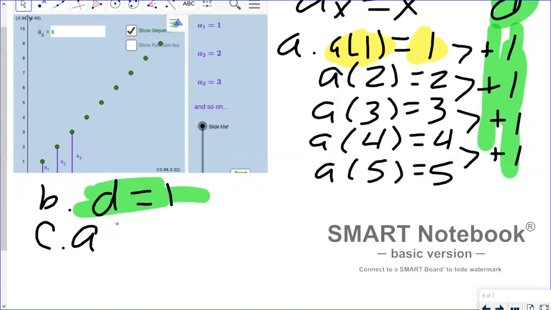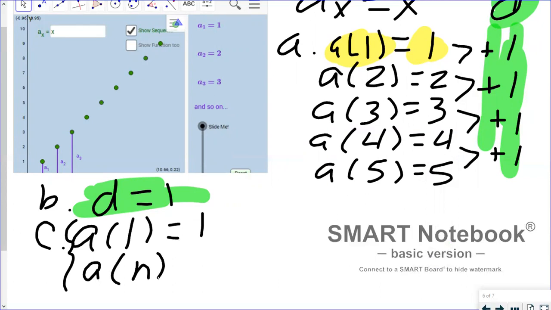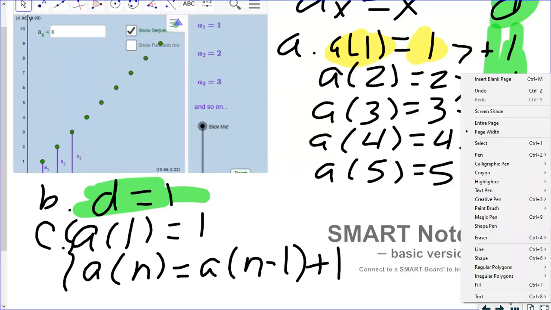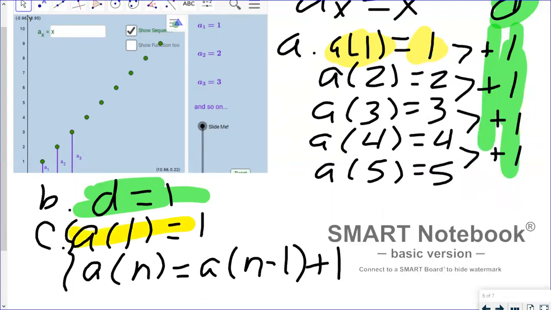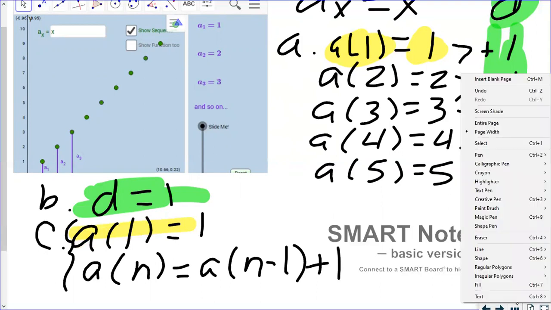So we say A1 equals 1, and An equals An minus 1 plus 1. And again, I'm going to use my highlighter so you know that yellow is my first term and D is my common difference, which I want to highlight in green.